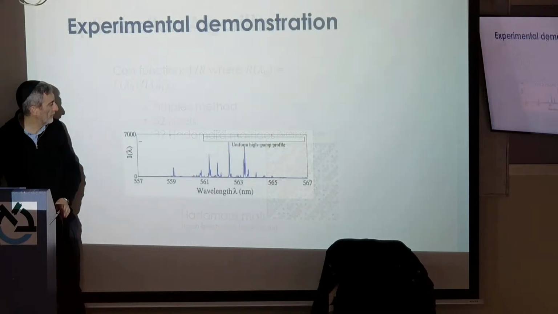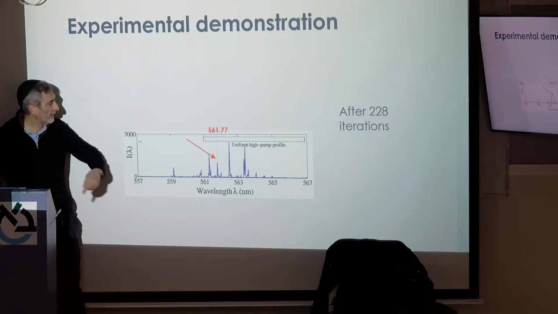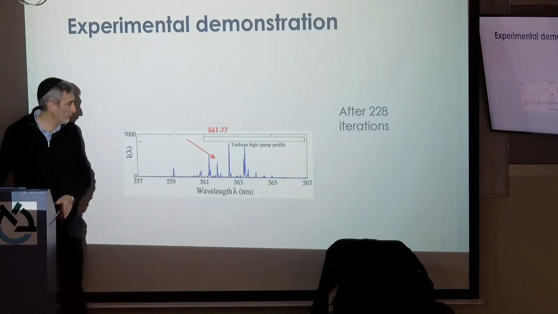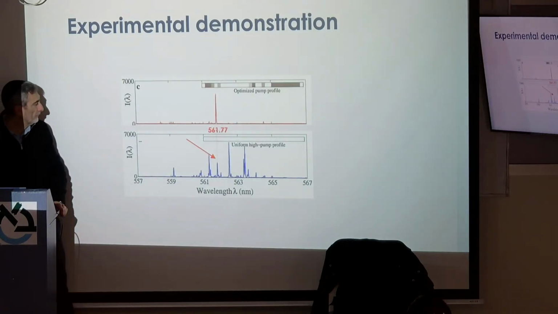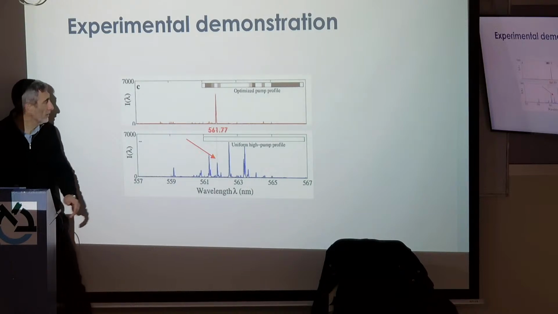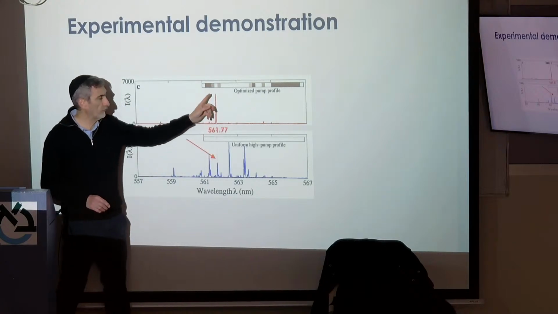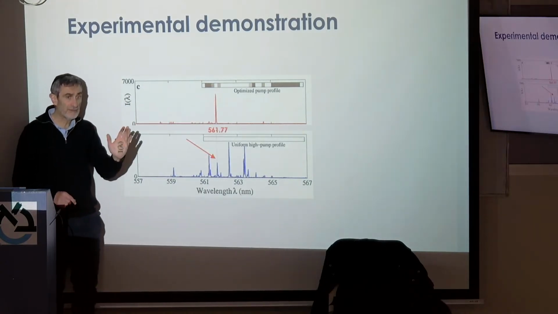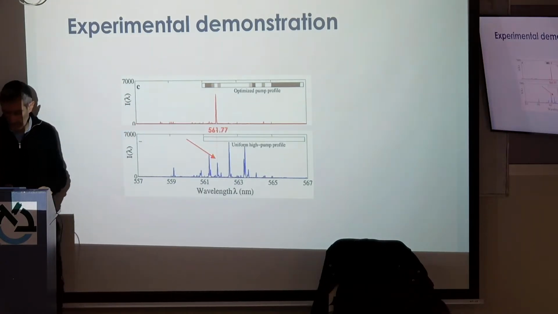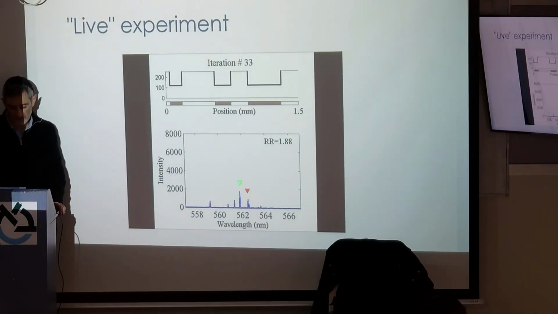I skip the method here. For that peak, you have an iterative process. We optimize this peak with respect to the others, and after 228 iterations, you get a very different pump profile that gives you the emission on one particular peak. I show you the experiment live, if it works.